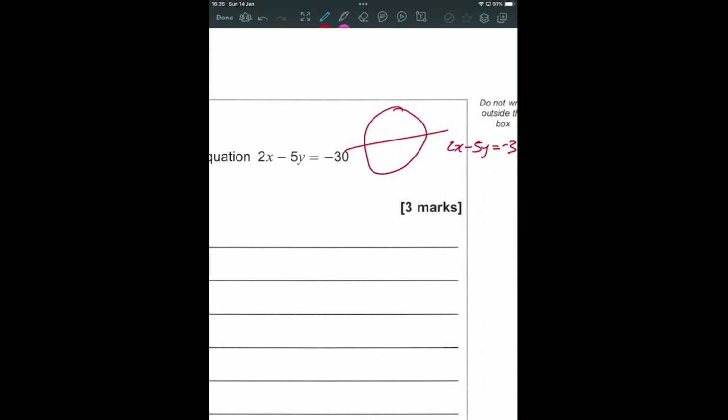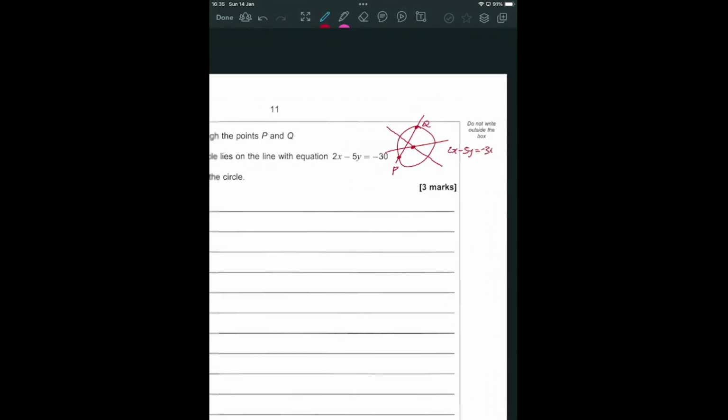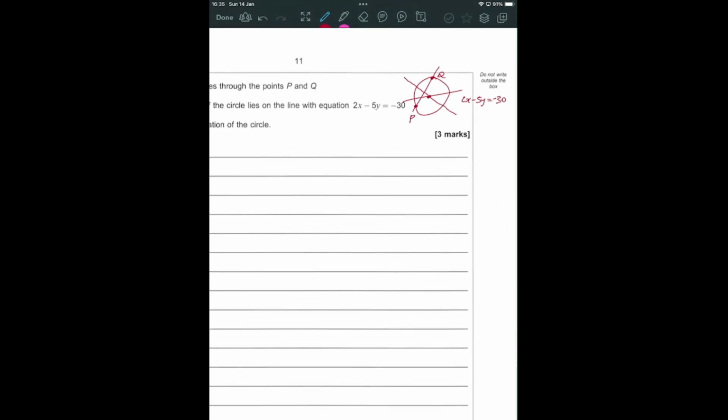So we have another line that goes through P and Q, and this is where a circle theorem comes in. The perpendicular bisector of the chord goes through the center. The perpendicular bisector of any chord goes through the center.